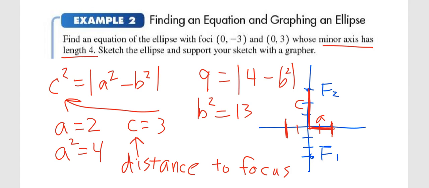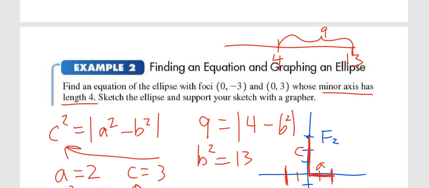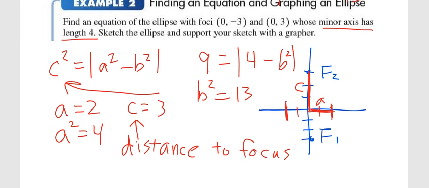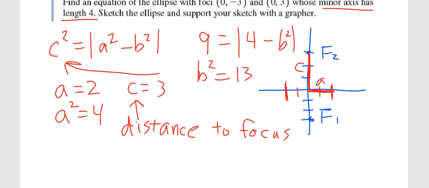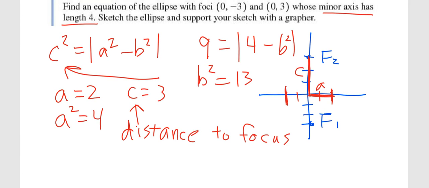So if you think about a number line and you have 4 here, we need something that's 9 units away from 4. So it would have to be 13. Yes, we added 4 and 9. Plus, when you plug 13 back in, 4 minus 13, take the absolute value, you do get 9.